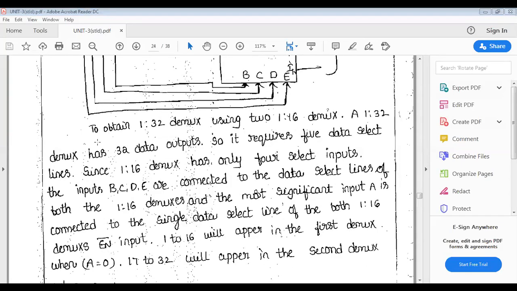To obtain a 1x32 demultiplexer using 1x16 demultiplexers, with 32 outputs, it requires 5 data selector lines. Since a 1x16 demultiplexer has only 4 select inputs, B, C, D, E are connected to the data select lines of both 1x16 demultiplexers, and the most significant bit A is connected to the enable input.